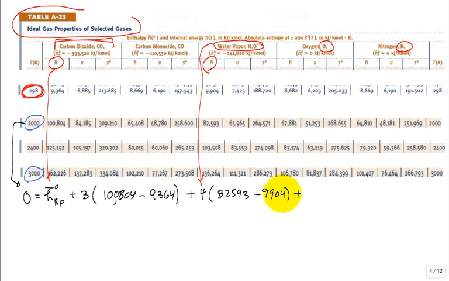And then for the oxygen was 0, so I'm going to leave that off. But for the nitrogen, we had 5 times 3.76, which is 18.8, times the value at 2,000, 64,810, minus the value of the enthalpy, 8669 at 298.